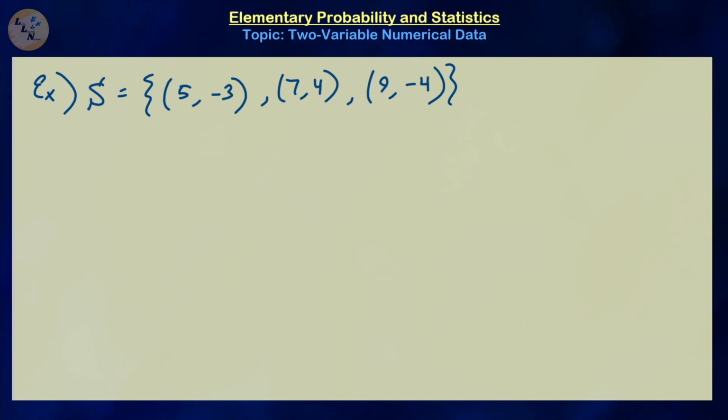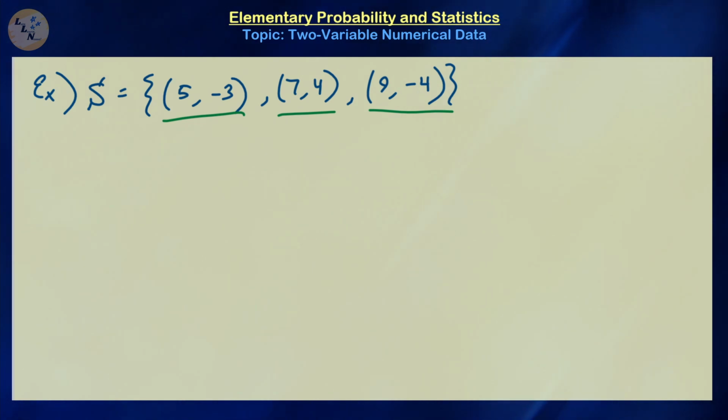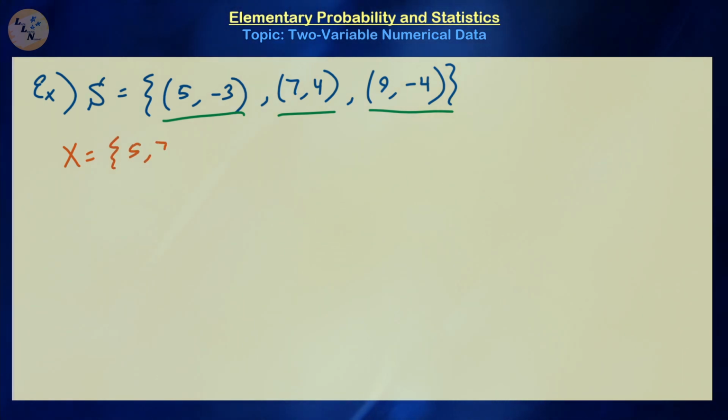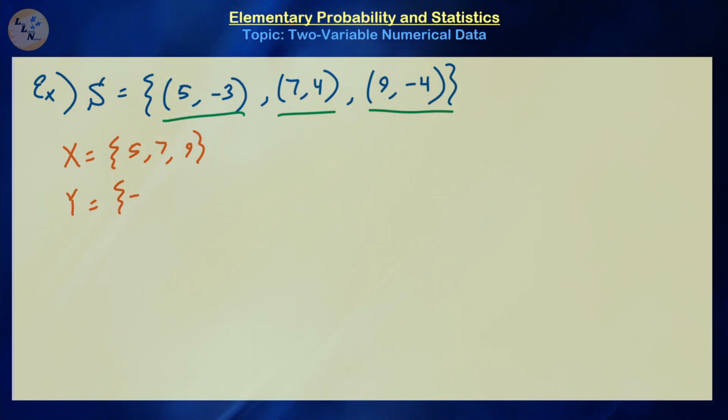So let's look at this particular example that consists of 3 data points. So this point, and that point. Sometimes it might be easy to put the x values in one set and the y values in another set. For example, the x values consist of 5, 7, and 9, and the y values consist of the values -3, 4, and -4.